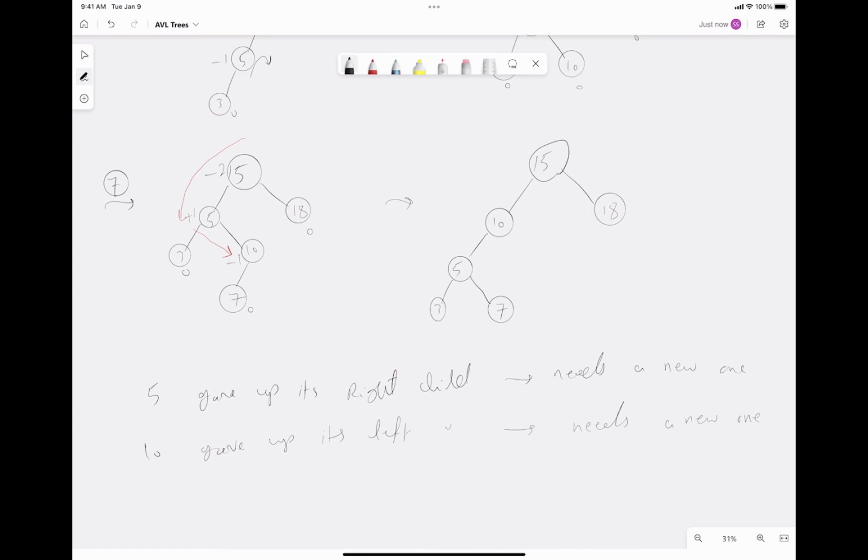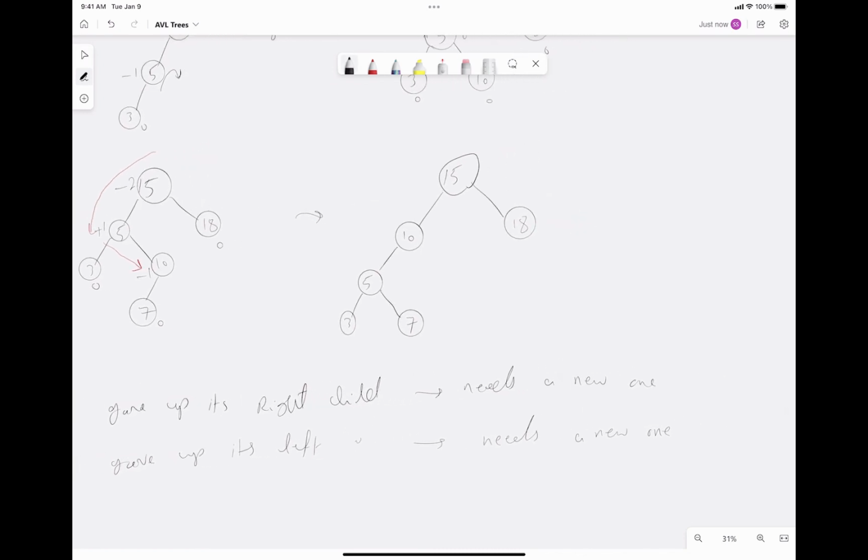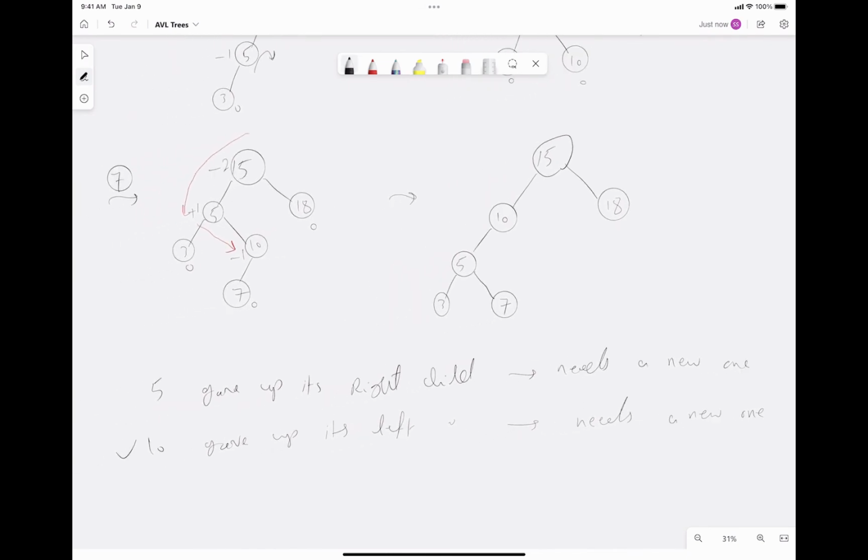So the left child of 10 now became 5, right? So we're done with this one here, and 5 gave up its right child, which was 10, so it needs a new one, which is going to be the left child of 10. So now here is how it works. I hope that this explanation clarifies how we did this one and why the node 7 became the right child of 5. So let's write the balance factor for these nodes.